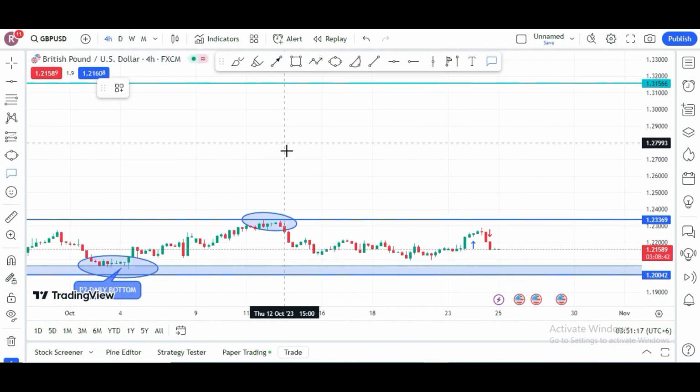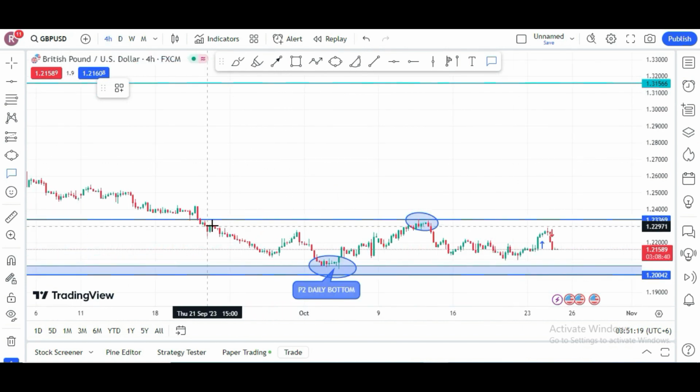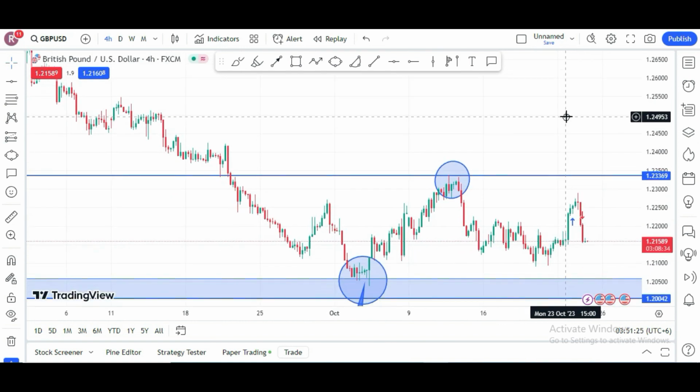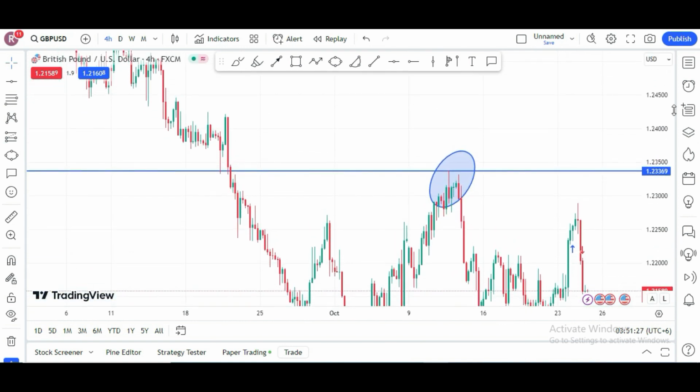So if you go here, we can see it has been formed in 4 hours. Can you see it here? This is the green candle which has resisted this downtrend for the time being. So this guy has created this double top here.